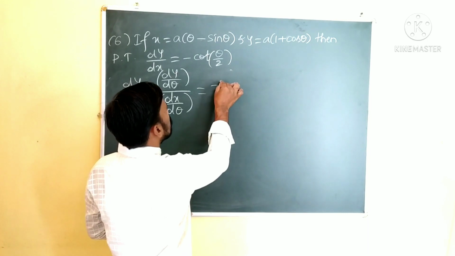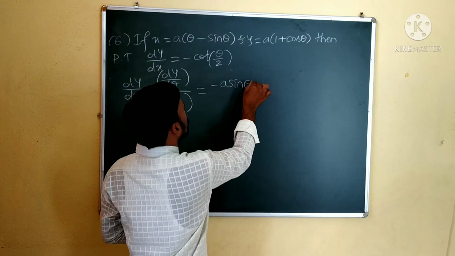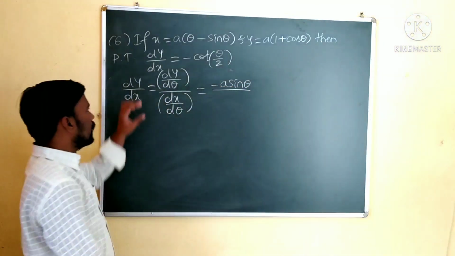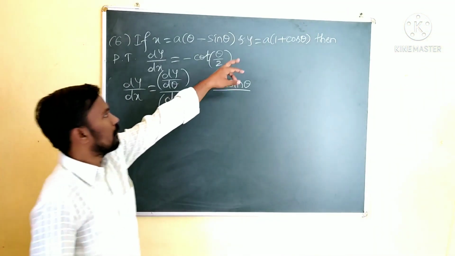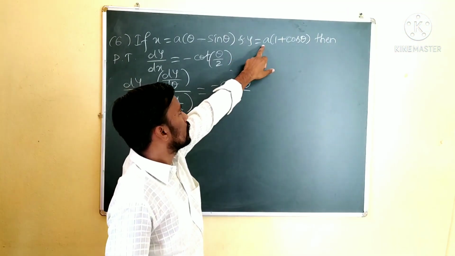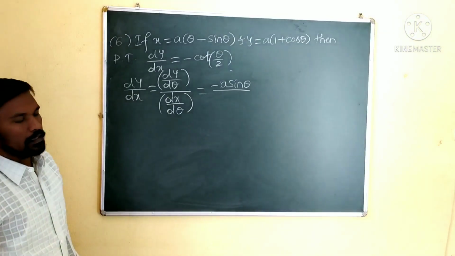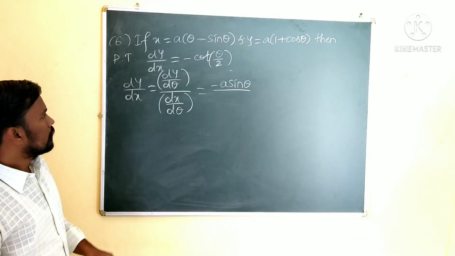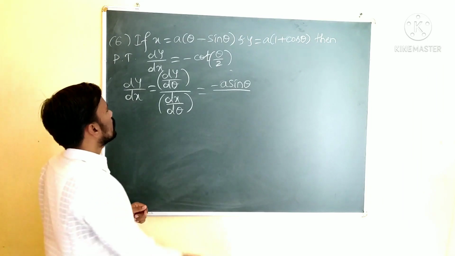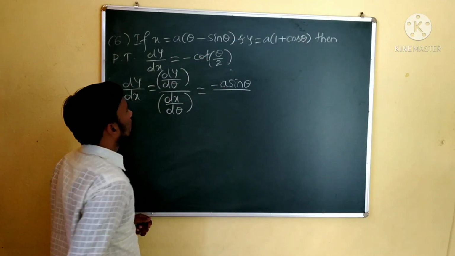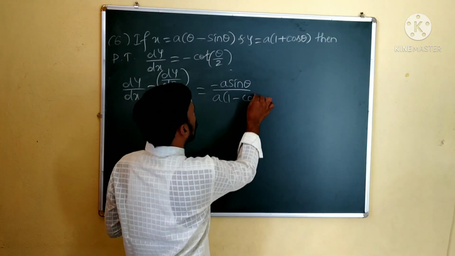It is minus a into sin theta. See the second equation: dy by d theta is minus a sin theta, because the derivative of y with respect to theta is nothing but a into the derivative of cos theta, which is minus sin theta. So it is minus a sin theta. And dx by d theta is nothing but equation number 1, which is a into 1 minus cos theta.